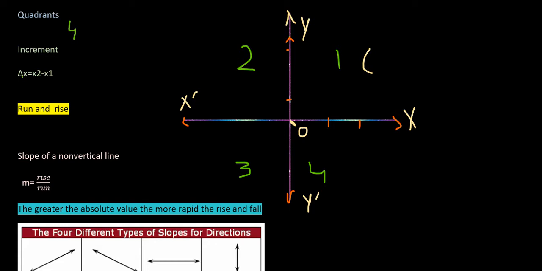So you can say that our positive values of abscissa and ordinate will lie in this first quadrant, and in the second quadrant we will have a negative value of abscissa and a positive value of ordinate.